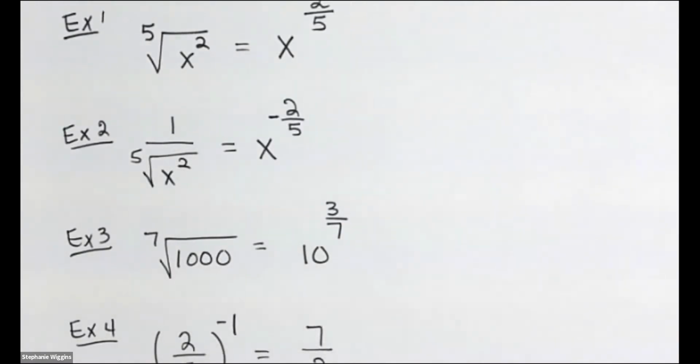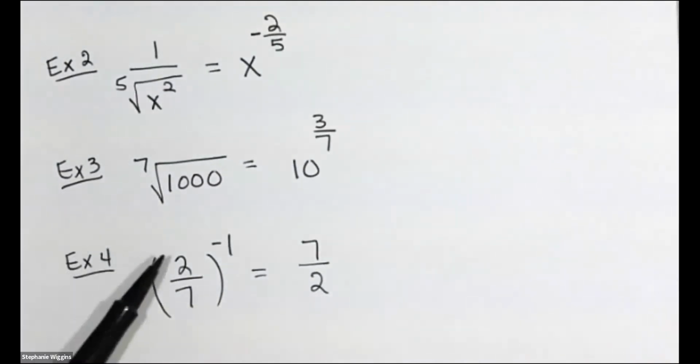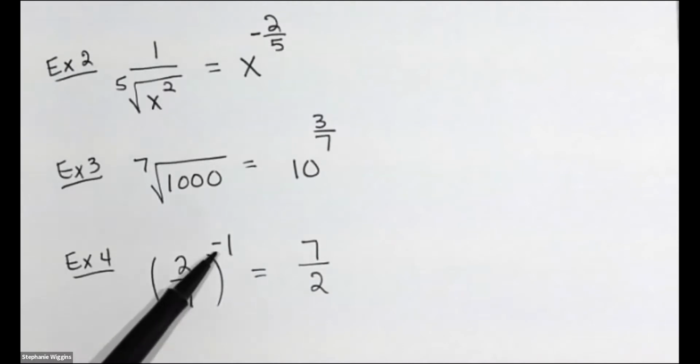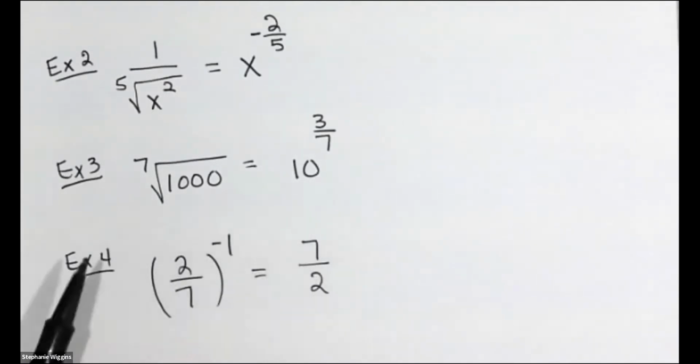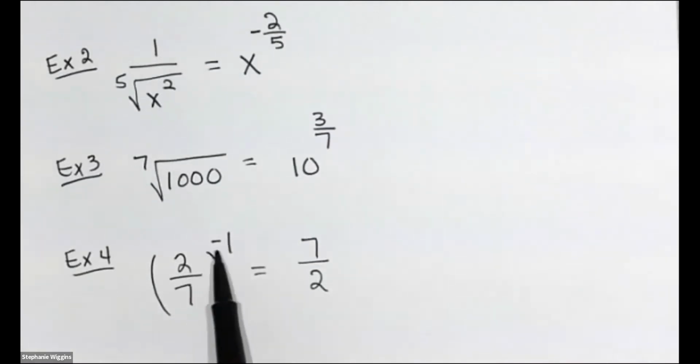Let me just repeat that. Here you have 2/7 to the -1 power. The 1 is still going to give you 2/7. However, this negative here is going to give you the reciprocal of 2/7, which is 7/2. So that's what a negative exponent does. It just gives you the reciprocal.